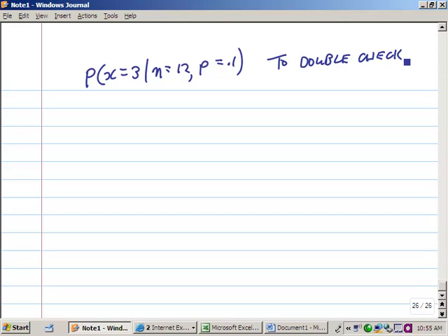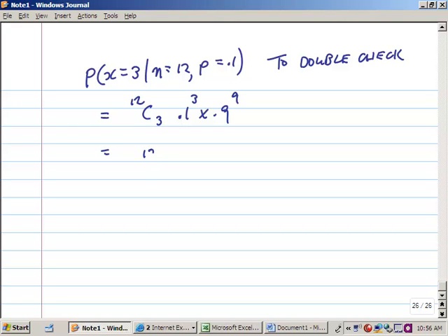I'm doing this because you do need to know how to do it, and this is a good opportunity. So with the formula, that'll be n, 12 choose x, which is 3, times 0.1 to the x power times 1 minus p, 0.9 to the n minus x, which is to the 9th power.